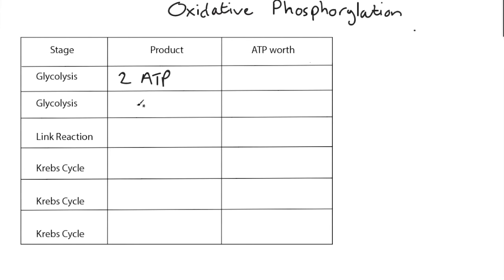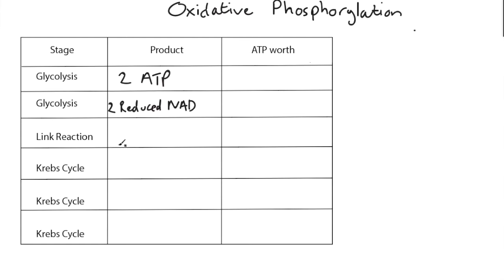It actually made 4 ATP, but it requires 2 ATP at the beginning. We also made two reduced NAD.